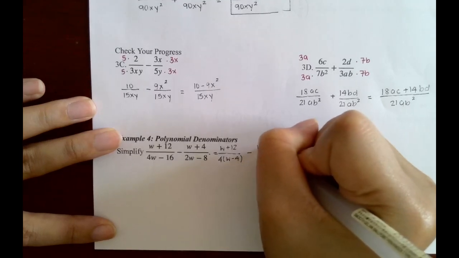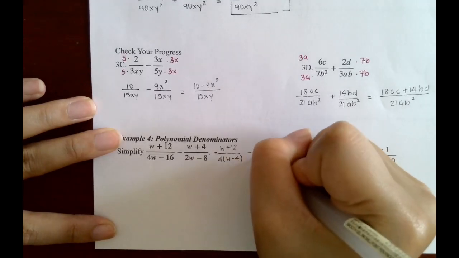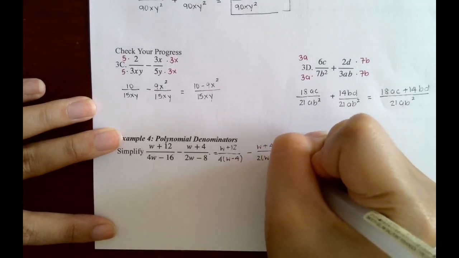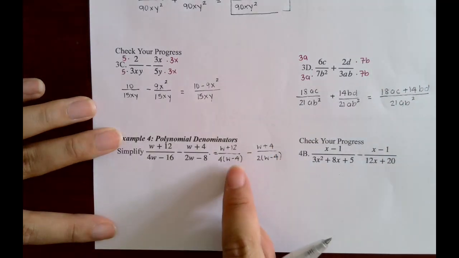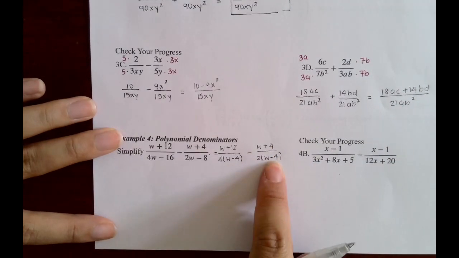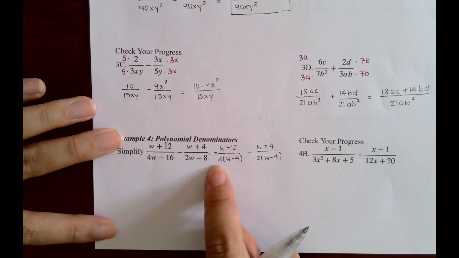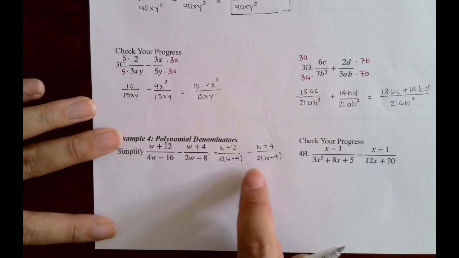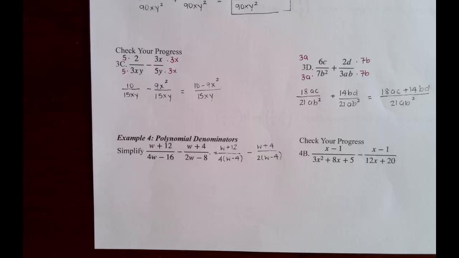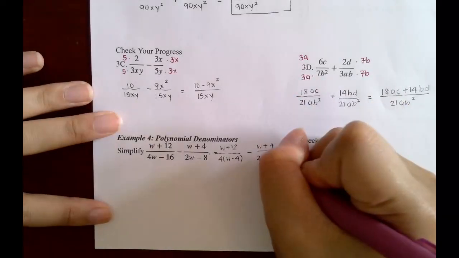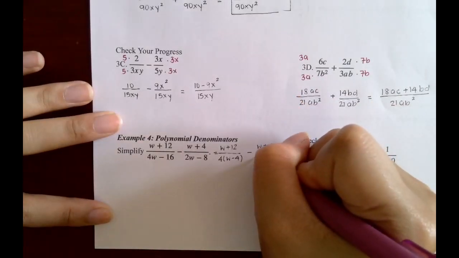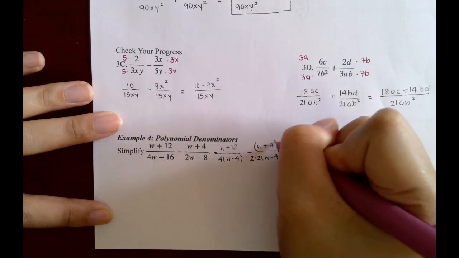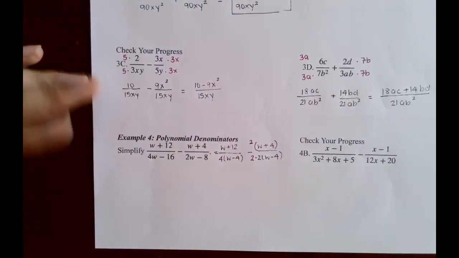Minus, this is w plus 4, and then this is 2w minus 4. Okay, so the denominators are pretty similar. The only difference, right, is that this is a 4 and this is a 2, right? The coefficient is different. So I just need to change this to be a 4, so I can do that by multiplying by 2, and so I'm going to multiply this by 2.